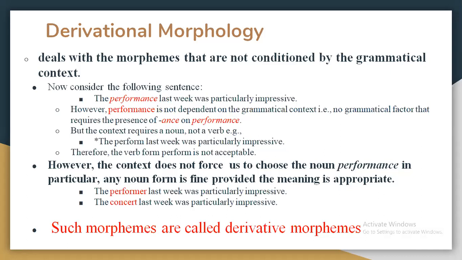Meaning and word class changes, right? Is it so? Sir, meaning doesn't change, sir. What doesn't change? Class changes and meaning changes, sir. Both class and meaning change? Yes, both change.